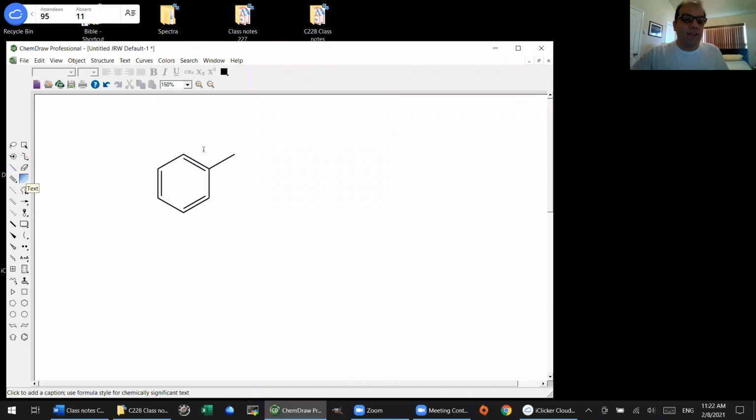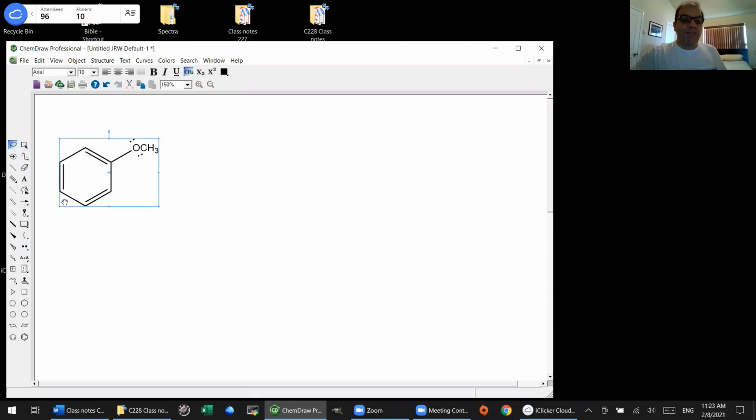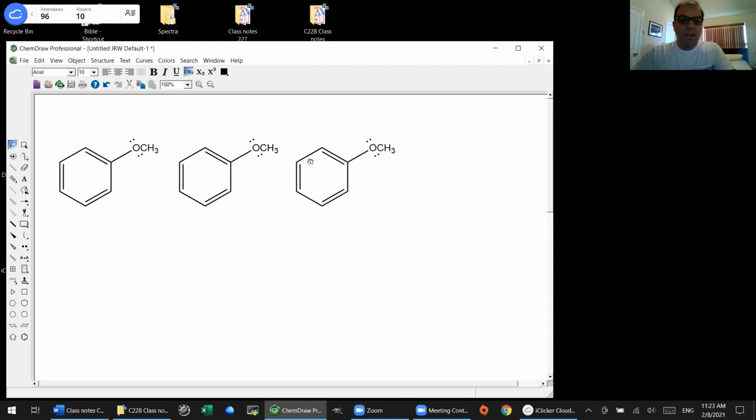So let's consider, again, I'm just using a methoxy group as an example, but I could use any of those ortho-para-directing groups. I think you will find, if we consider other resonance forms, that there's quite a few others.